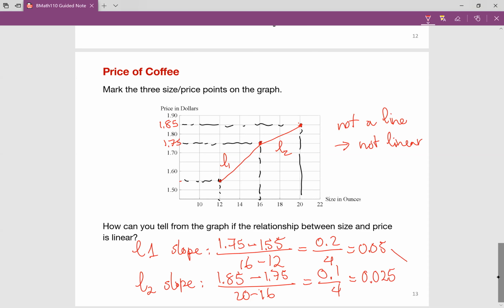And you see that it is a different slope. So then that's going to be not linear.